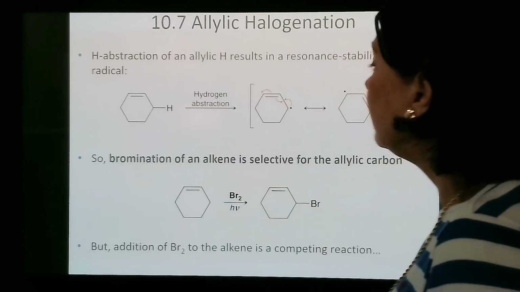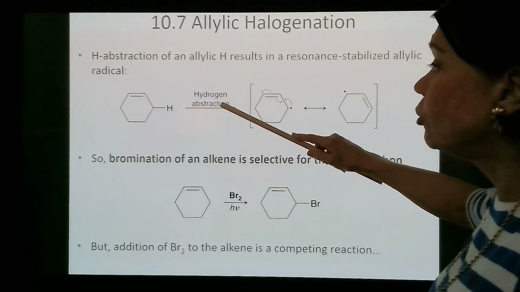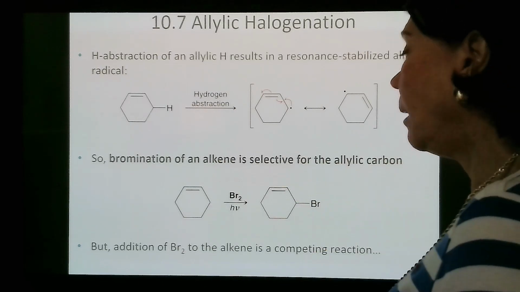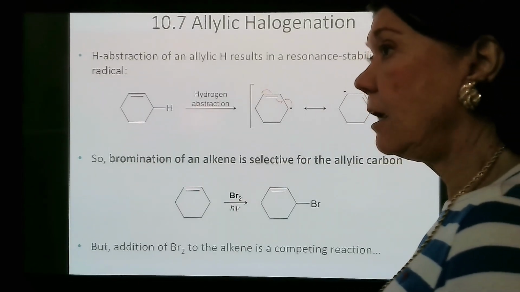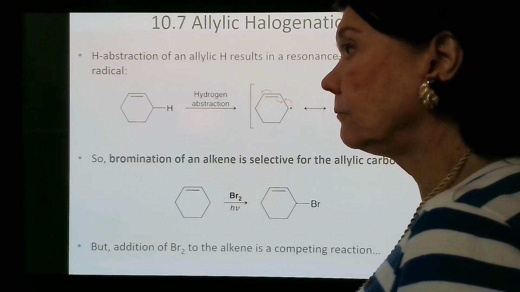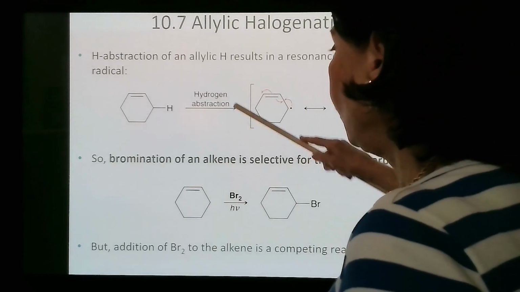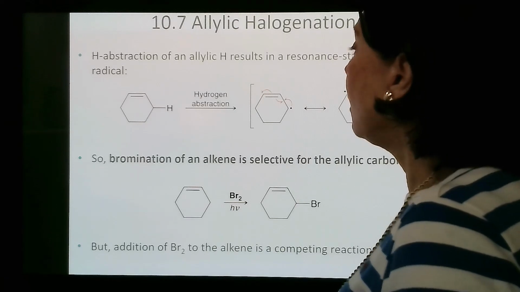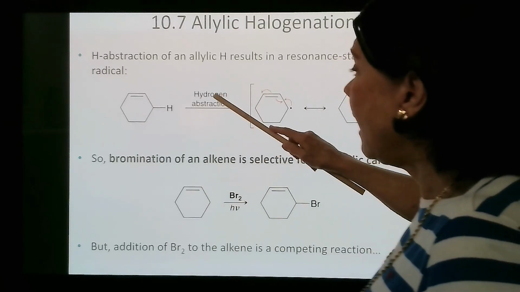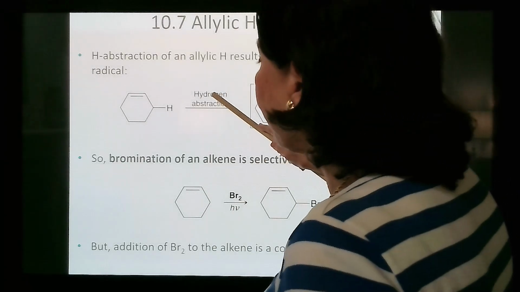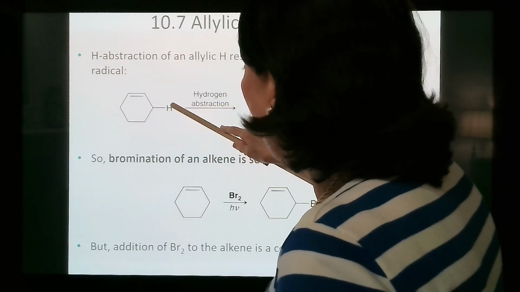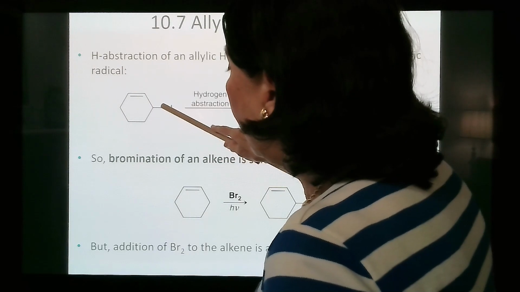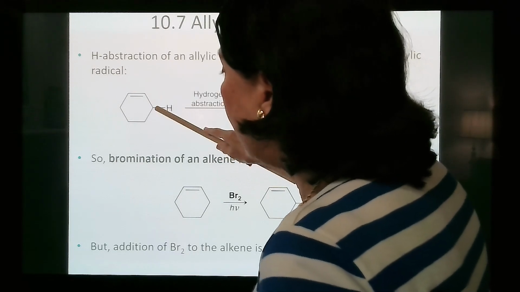And so, here, let's look at this. So, hydrogen abstraction, by some radical generator. So, here you're going to have the abstraction of H dot to leave the unpaired electron at the allylic position.